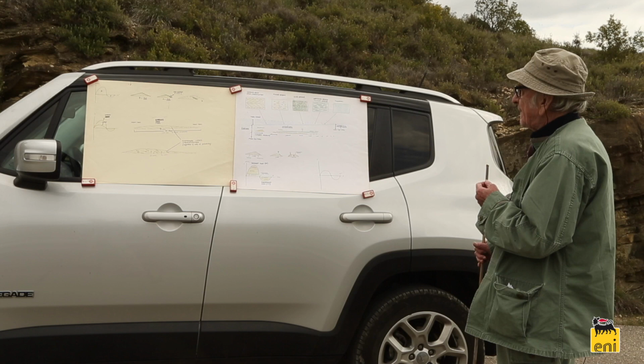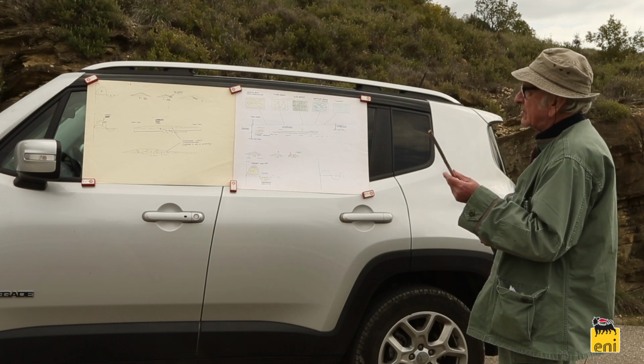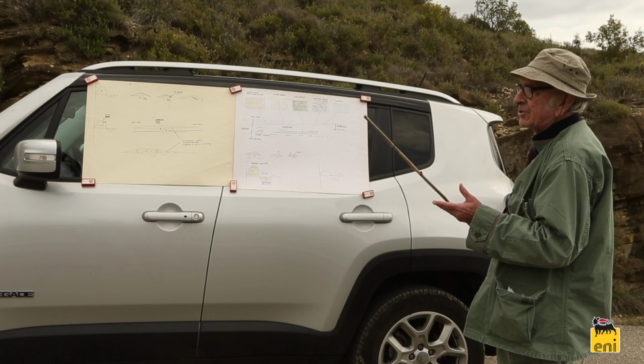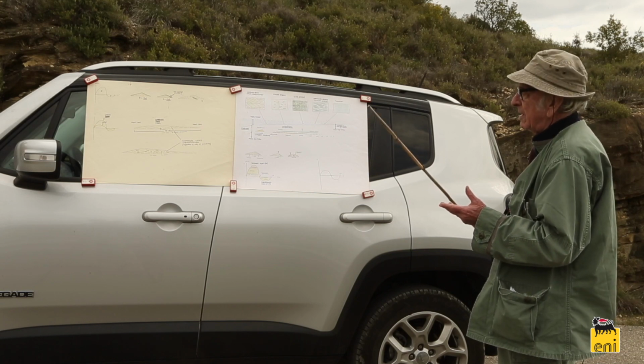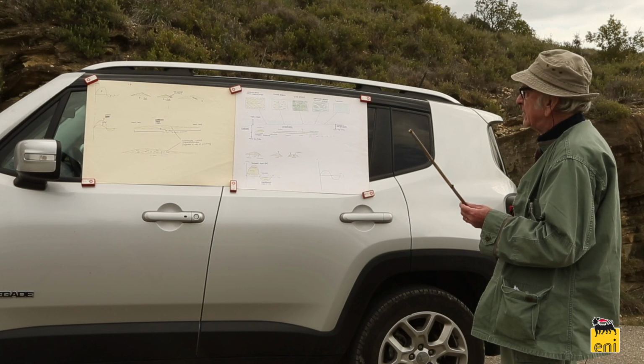Just to tell you what the improvement of our knowledge has been over the years. At the beginning, these sediments were mapped as a flysch, so actually nobody had taken care of the facies.